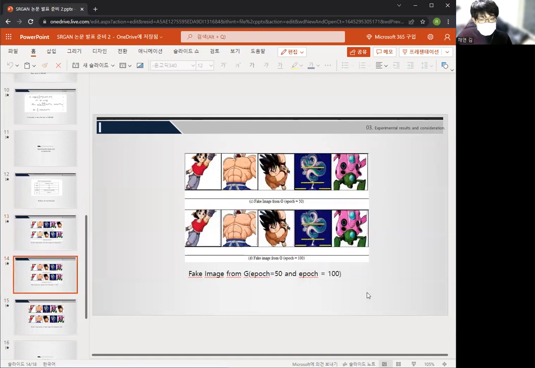C is the result of the fake image from G, epoch 50, and D is the fake image from G, epoch 100.